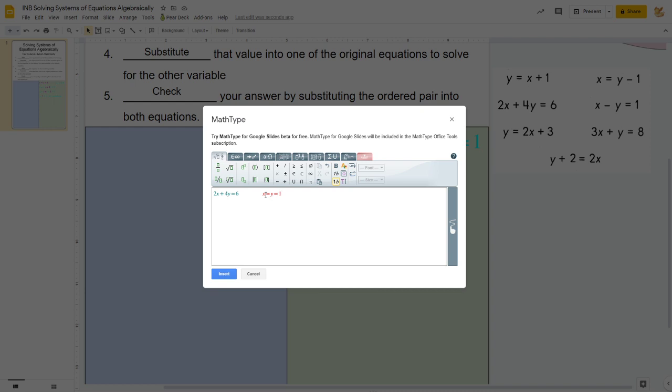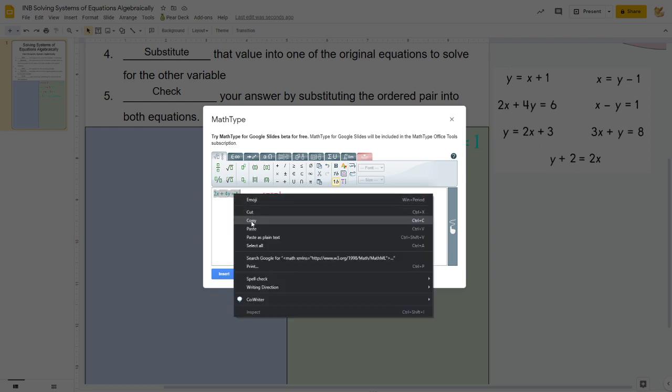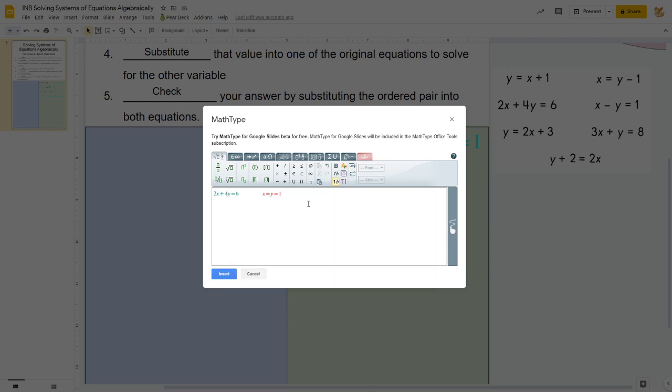Okay, since I have one already equal to a variable, it doesn't matter, y or x, it can be either. So we have x right there. So what I'm going to do is we're going to just copy this and then put parentheses.